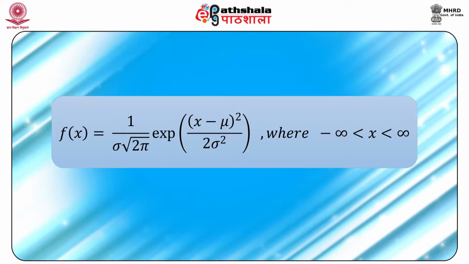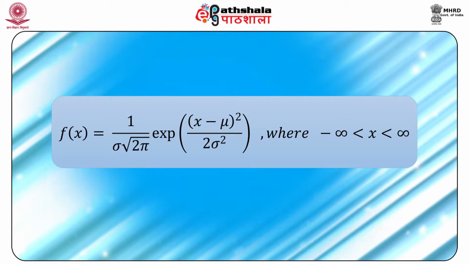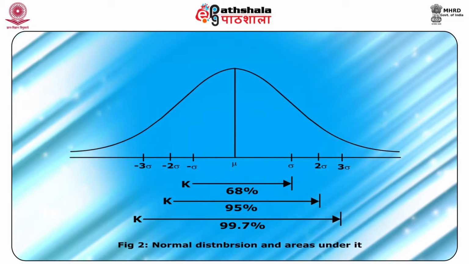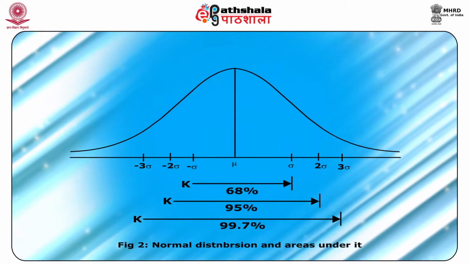Now in this distribution, mu and sigma square are parameters of the distribution and they represent mean and variance respectively. The normal distribution is shown in the figure, and you can see it is a bell-shaped distribution.